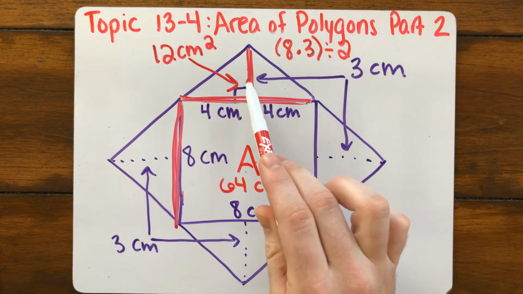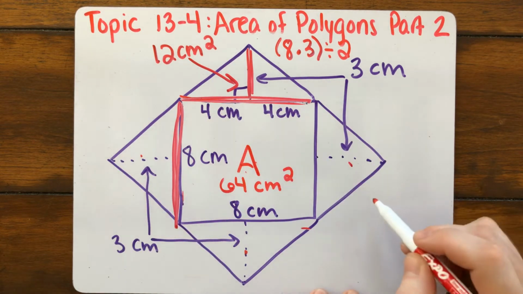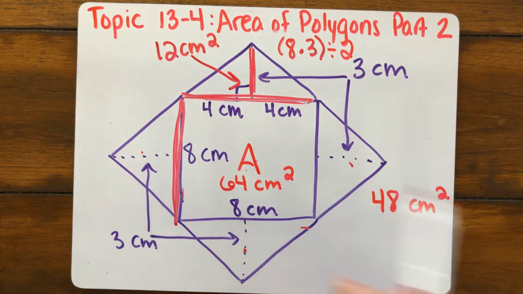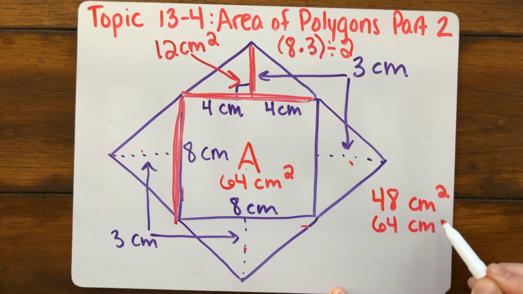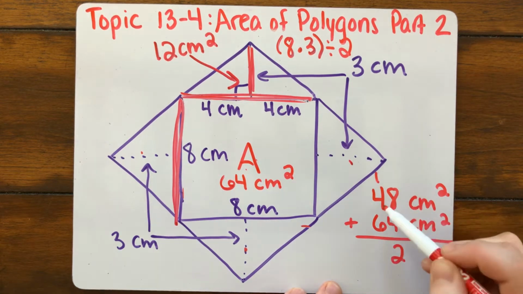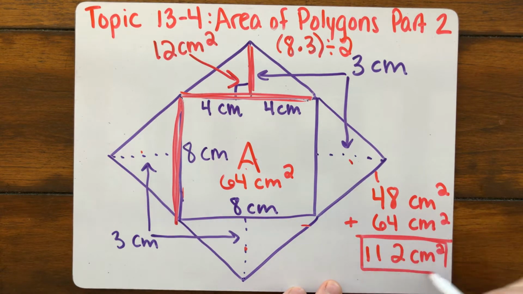So if this is 12, this is 12, this is 12, and this is 12. So 12 times 4 triangles, the total area of all the triangles is 48 centimeters squared, plus the area of the square, which is 64 centimeters squared. So our total area is 112 centimeters squared.